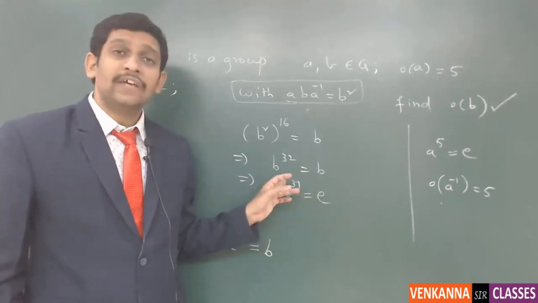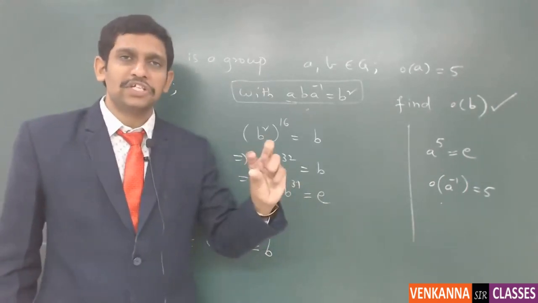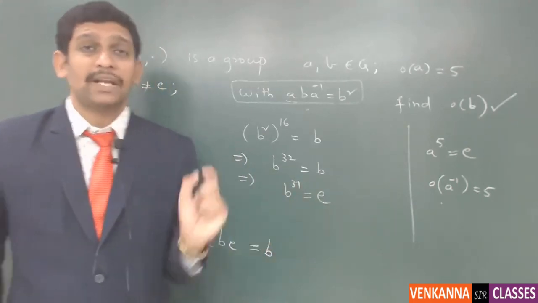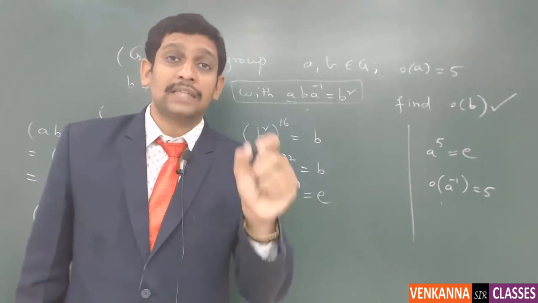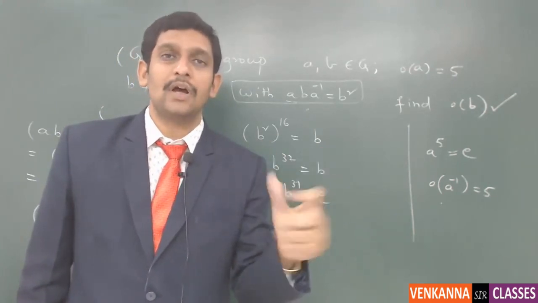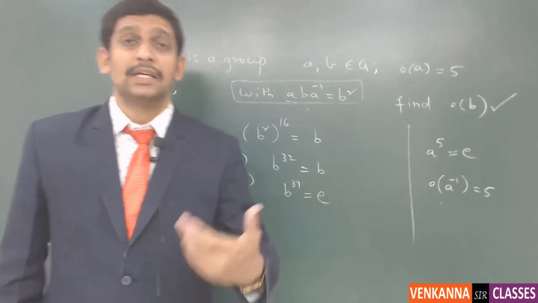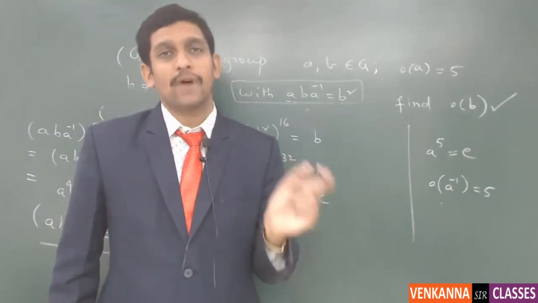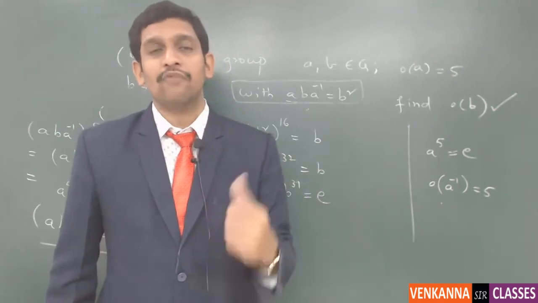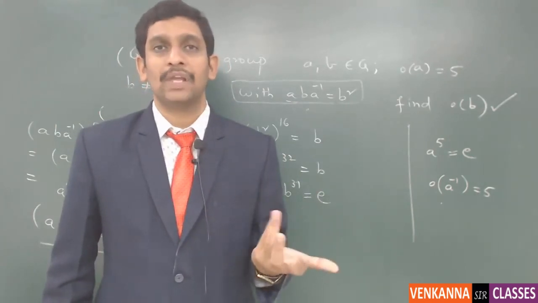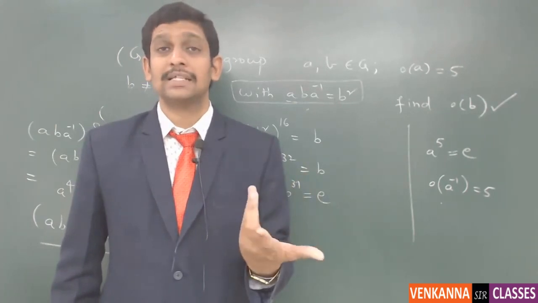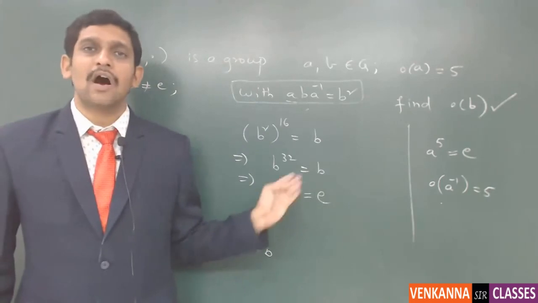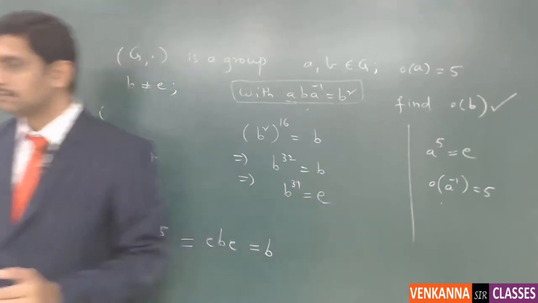So 31 is the number at which I get identity for b. But I don't know whether 31 is the smallest power or not. Because if there is any smaller power less than 31, for that also can I get identity for the element b? I don't know. That I have to check, because straight away I cannot confirm that 31 is the order of the element b. Do you agree?